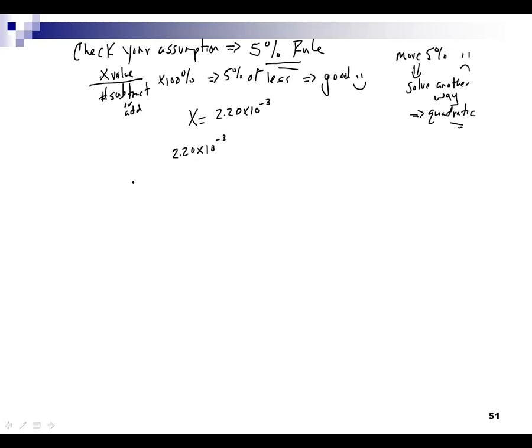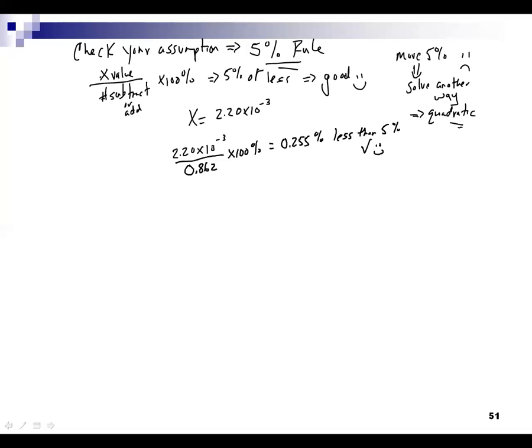So we divide it by 0.862 and times it by 100%. If we do that, we get something like 0.255%, which is obviously less than 5, which means this is good.